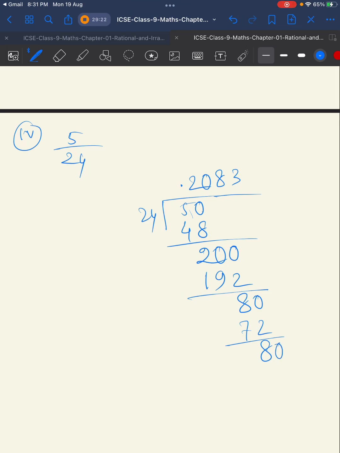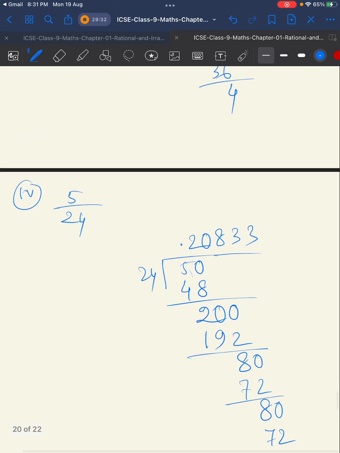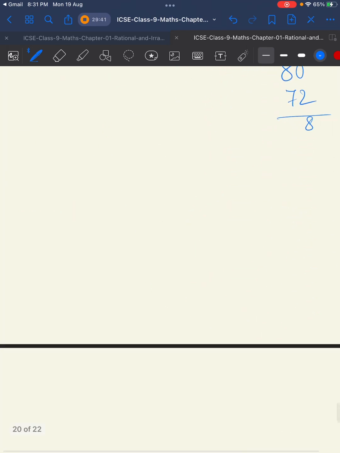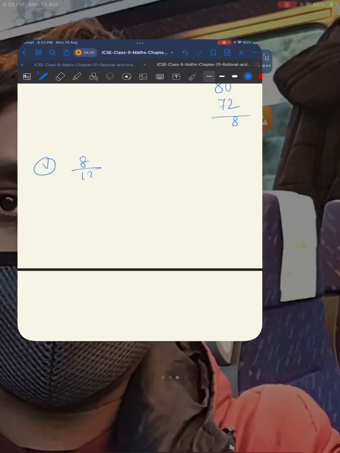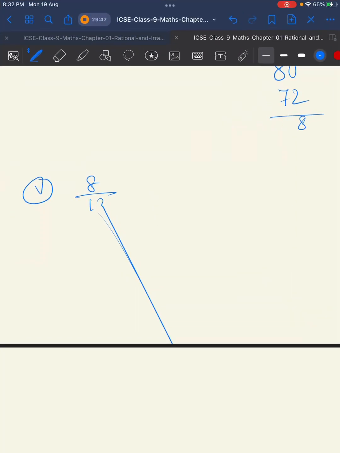Here will be 8. Also take 0. Now 24 3s are 72. Here 8, 3 will be repeated here. Okay, so the quotient is 0.2083 dot.